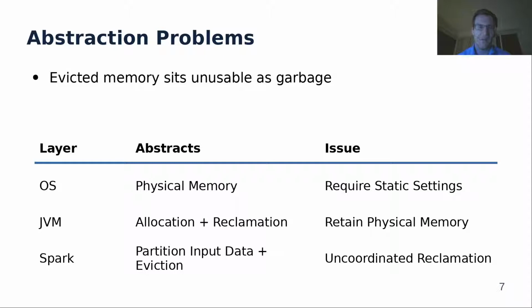For example, the JVM may wish to perform GC, but as long as Spark holds on to memory, the JVM's efforts will be wasted as it finds no garbage. Spark could have simply evicted blocks and continued execution completely fine while still allowing the JVM to reclaim memory. But without coordination, memory management efforts are wasted. Spark could also perform eviction, leaving large amounts of garbage memory in the heap that go completely unutilized.